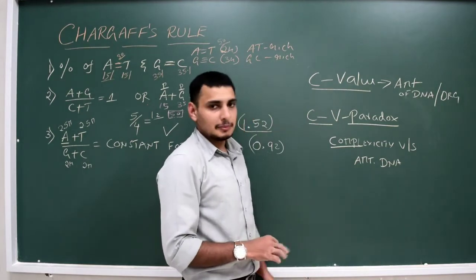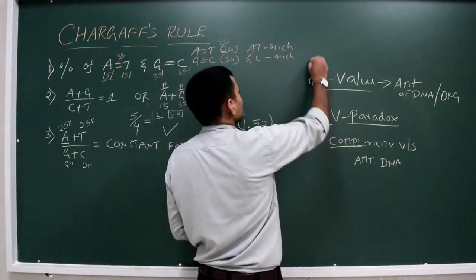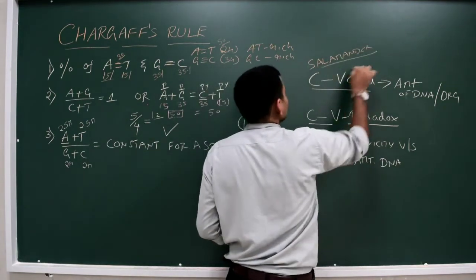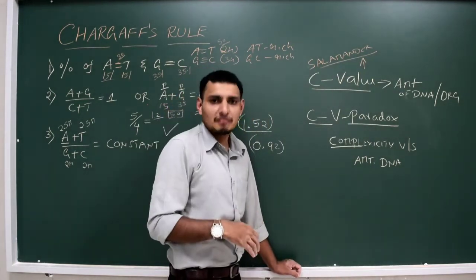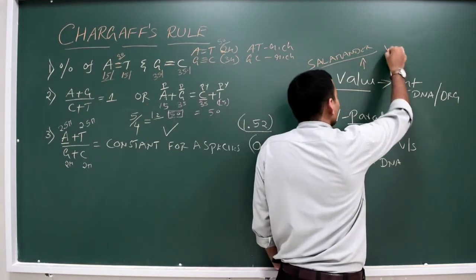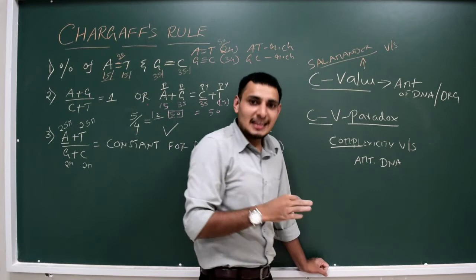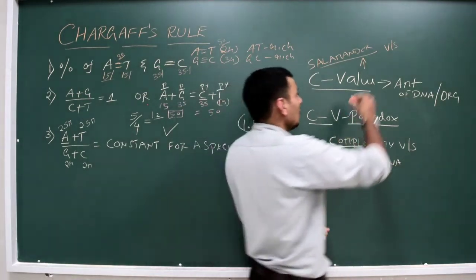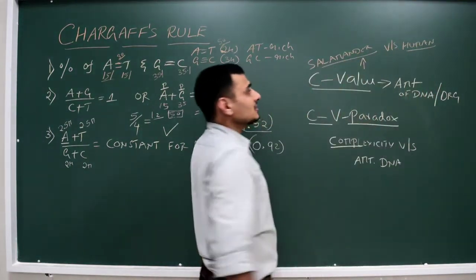For example, consider one particular organism, the salamander. In salamander, the C value is very high. It has a high amount of DNA in it. When we compare humans with salamanders, the C value is lesser in humans compared to salamanders. This is weird, correct?